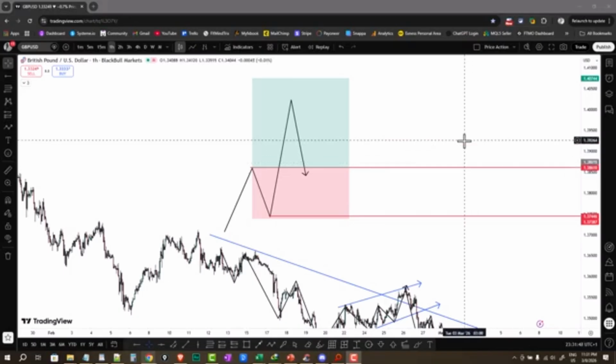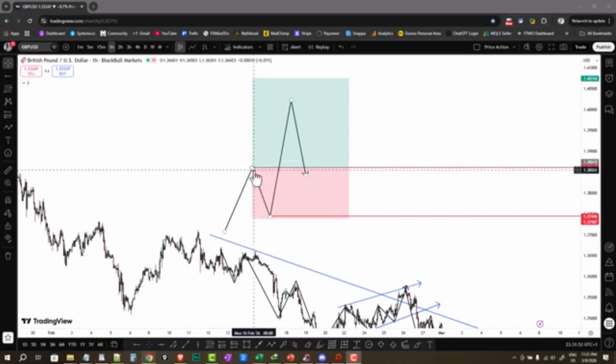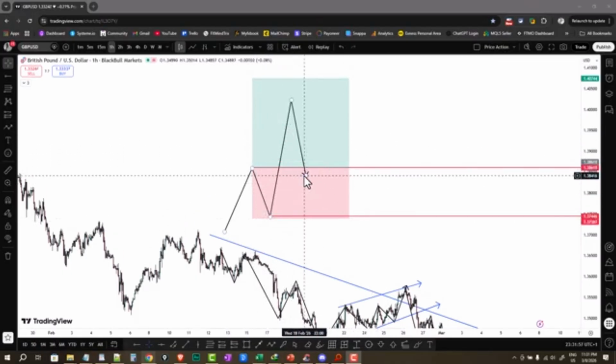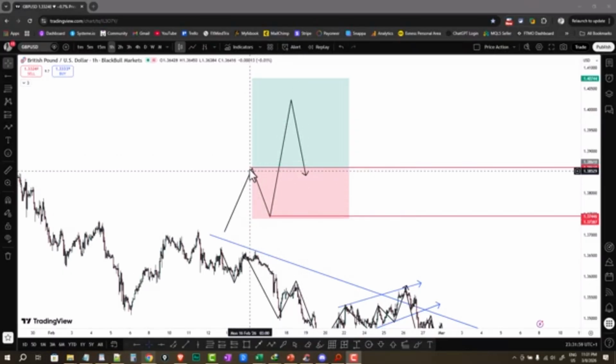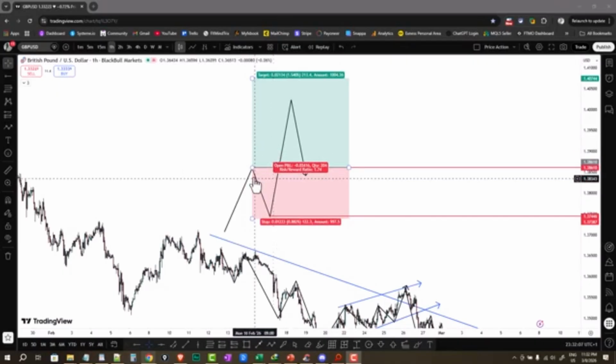Okay, for the pullback trading method, instead of you waiting for price to break above this resistance and then taking a trade, what pullback traders usually tend to do is that they'll wait for price to hit a resistance area, and then when it's clear that it's finding it difficult to break above that resistance area and continue moving in the direction of the trend, then they'll wait for price to start forming the pullback.